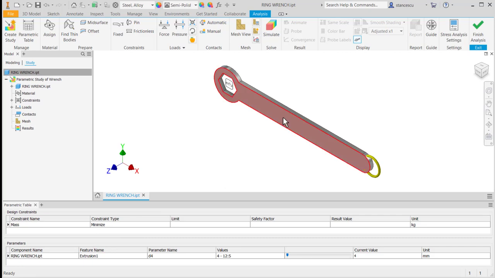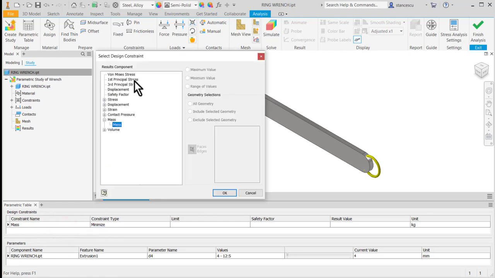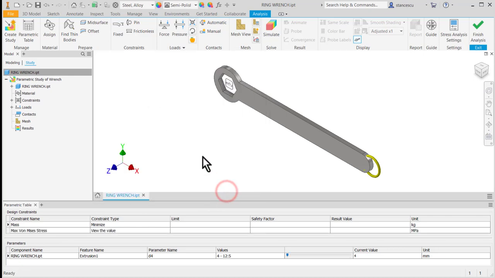You see, if the thickness is 4, 5, 6, 8, 12, the mass is increasing. I want the minimum mass of this range. Then I select again here and right click to add another design constraint, and this other design constraint is for Mises stress.